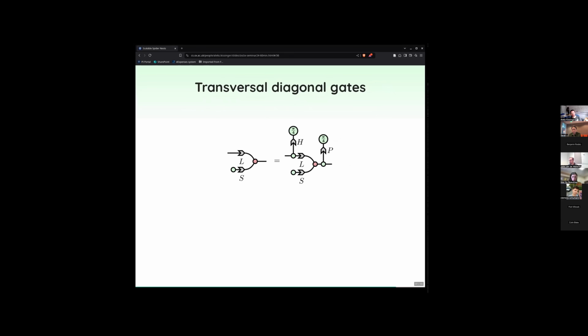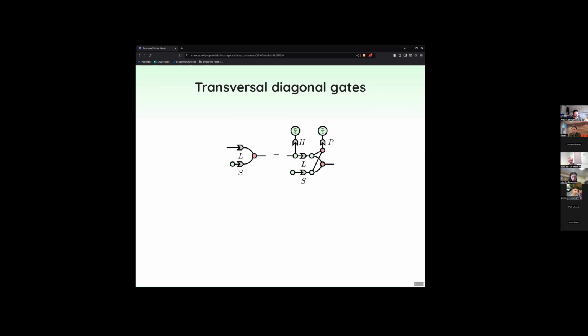Then we can do some work with the scalable notation to see what satisfying this equation means for a CSS code. Here I have a CSS code described by a pair of matrices, L and S. And I want to know what sorts of H's and P's satisfy this equation.